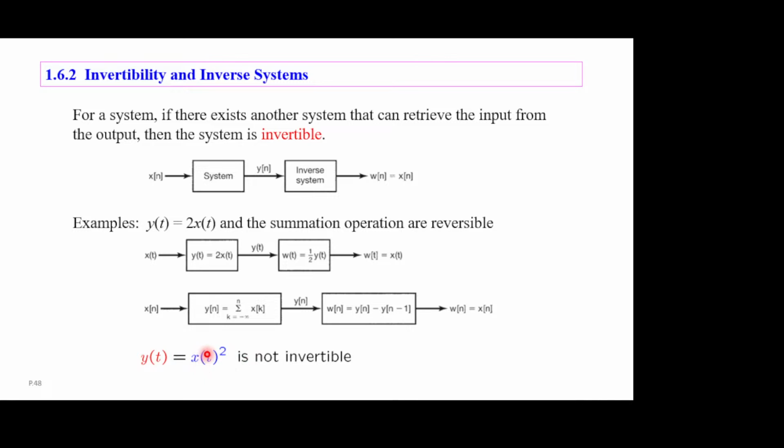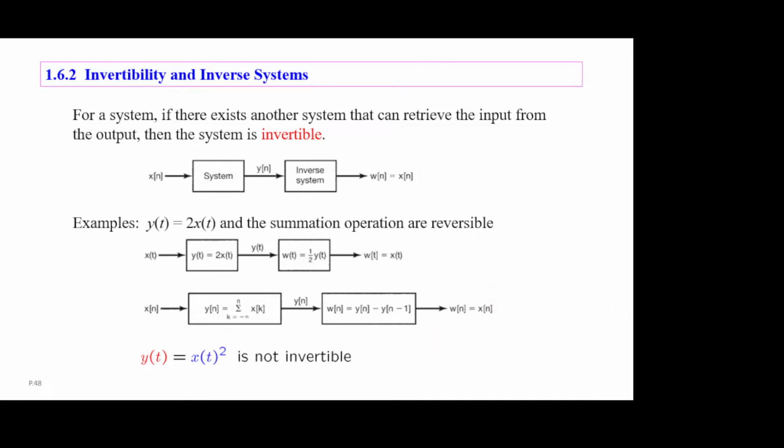Whatever x of t as input and whatever minus x of t as input, you will get the same output, because the square gets rid of the negative sign. So if you want to say your system is not invertible, you want to show two different inputs that give you the same output.